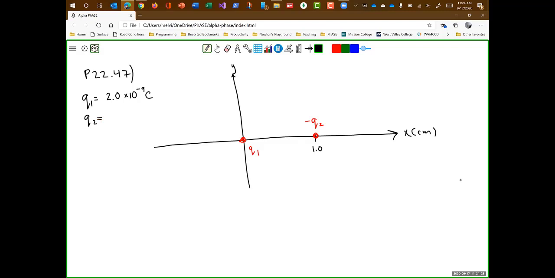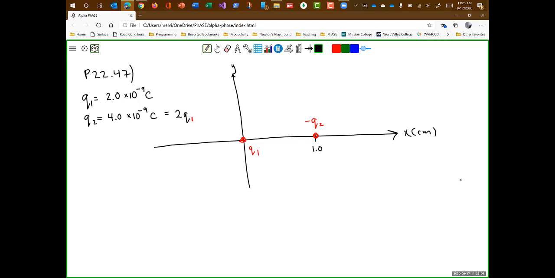So since I put a minus in front of Q2, Q2 is then going to be 4 nanocoulombs, and I'm going to keep track of that minus sign. Now, whenever you see relationships between variables where one variable can be expressed as a multiple of another, my recommendation is to express one as a multiple of the other.